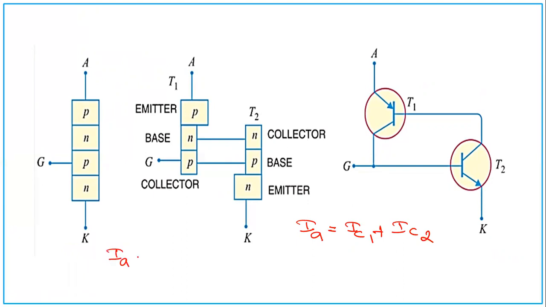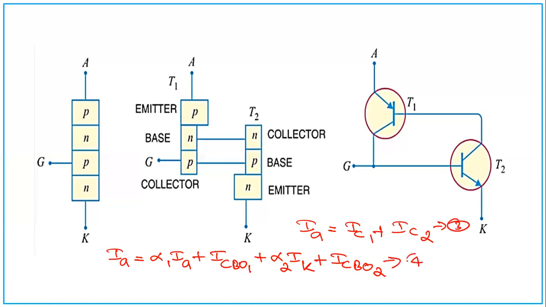So IA is equal to alpha 1 IA plus ICBO1 plus alpha 2 IK plus ICBO2. This is equation 3 and this is equation 4. Also you can write IK is equal to IA plus IG.